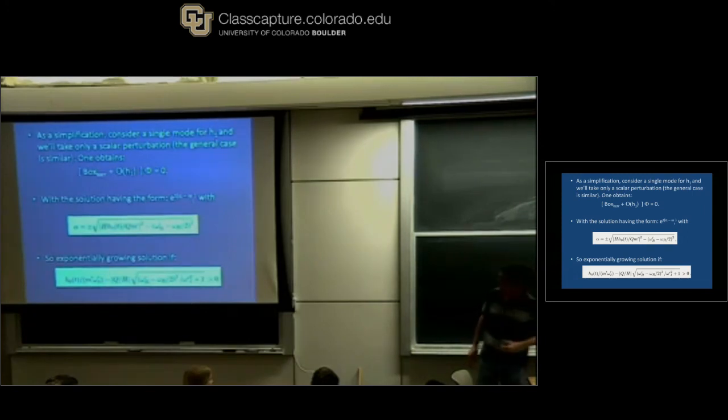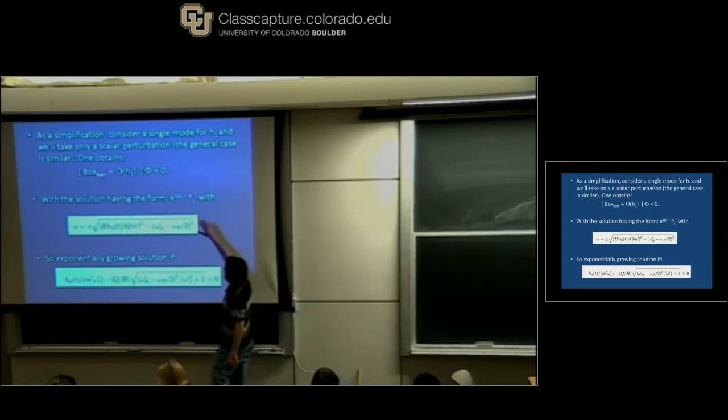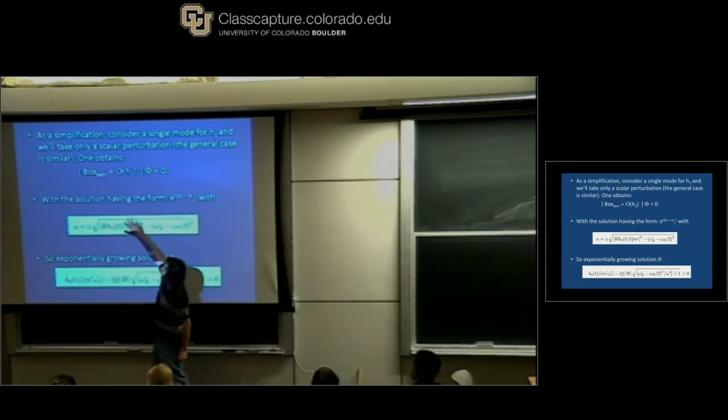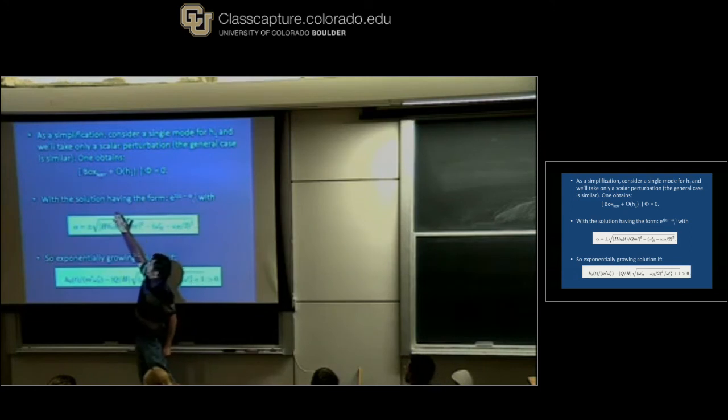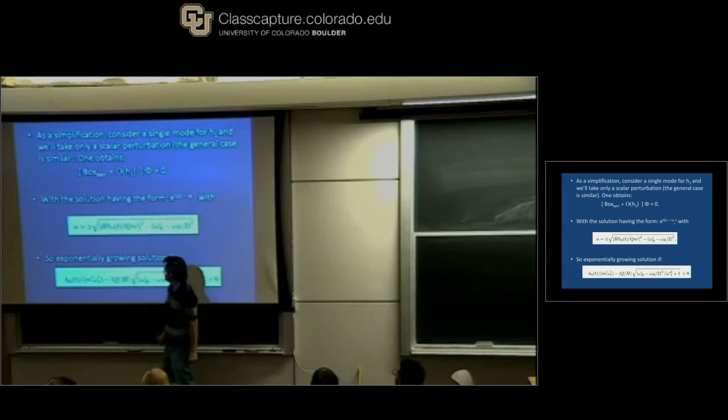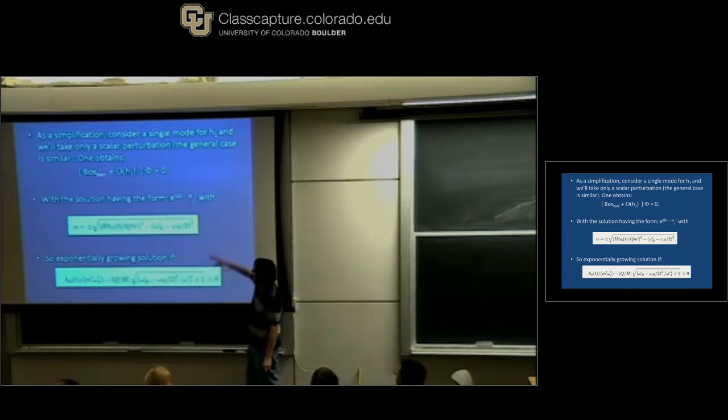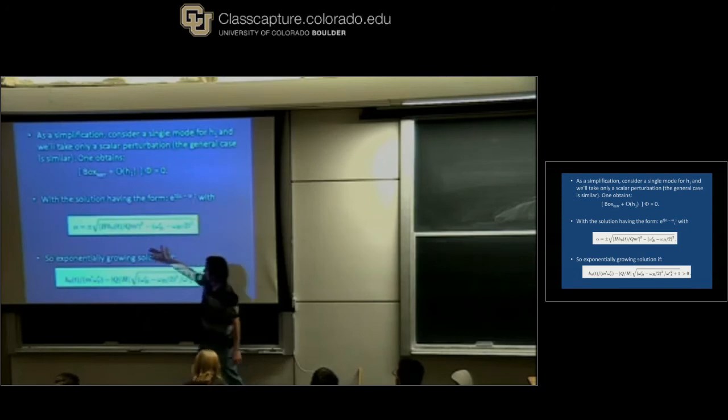I'm not going to go into the details, but you find that this new mode obeys an equation of motion like this. It's a wave equation for a Kerr spacetime plus some operator that depends on time because of the background mode. Then you're going to have a solution with an exponential growth, and the growth rate is given by this.